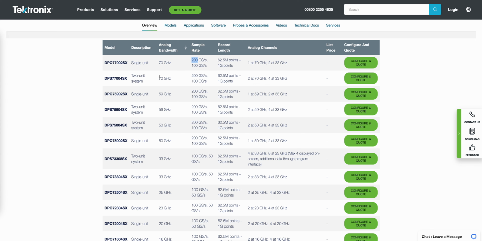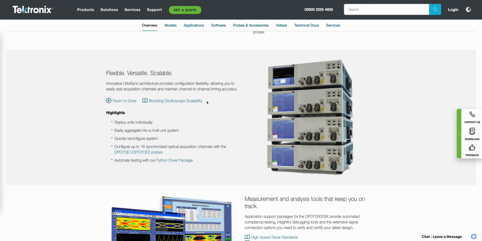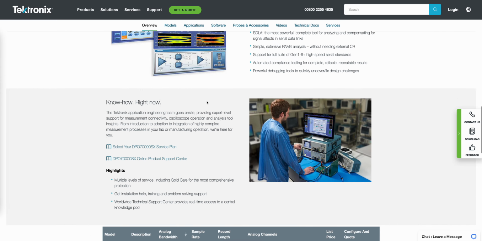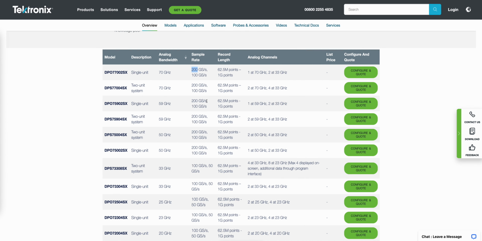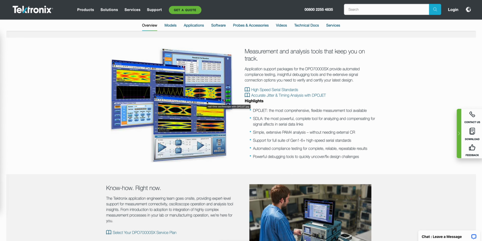The challenge here is that those devices are very expensive. I have no idea how much this costs, but I wouldn't be surprised that a real-time sampling oscilloscope of 200 giga samples per second could cost you $120,000 or $150,000.